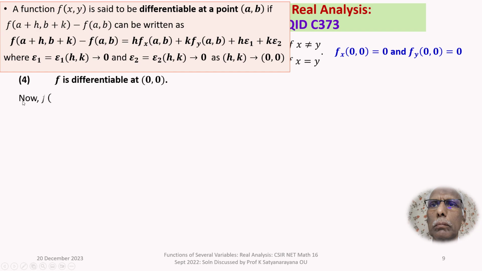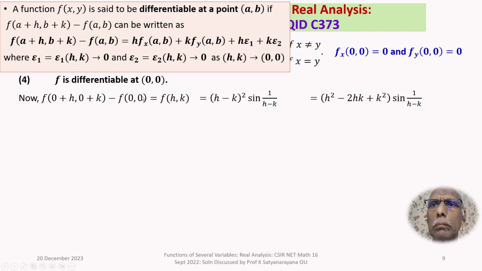So this is f of 0 plus h comma 0 plus k minus f of 0, 0. First, let us see what this is. This is f of h comma k, since f of 0, 0 is 0. And f of h comma k is h minus k whole square into sine of 1 by h minus k. H minus k whole square we have written as h square minus 2hk plus k square multiplied by sine of 1 by h minus k.